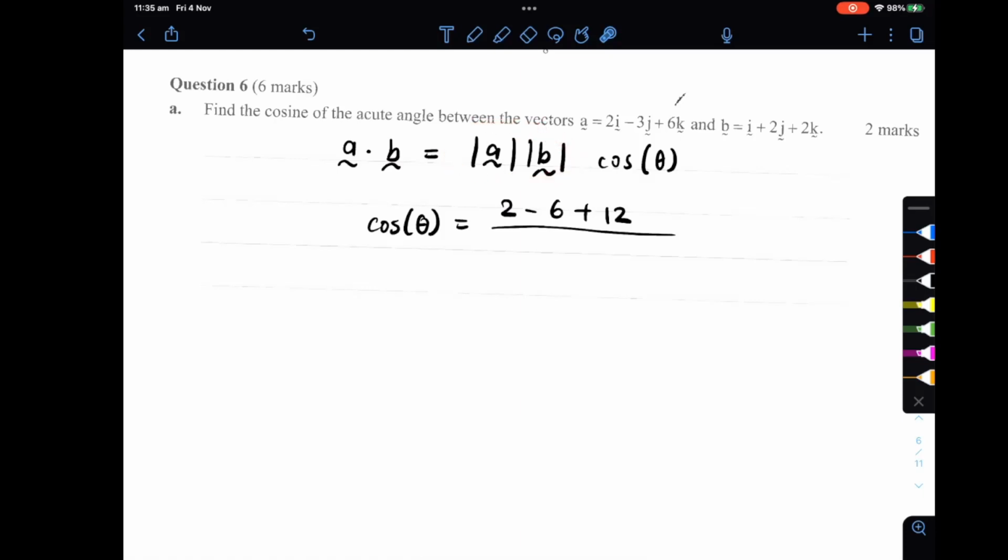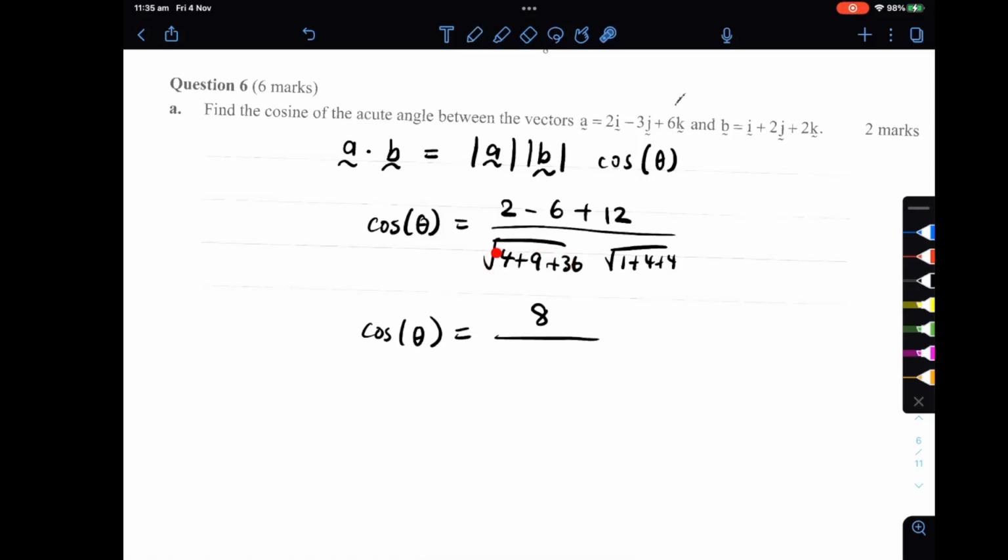And then the magnitude of A is going to be square root of 4 plus 9 plus 36. And then mod B is going to be 1 plus 4 plus 4. Okay, so we get cosine theta is equal to 14 minus 6, which is 8.